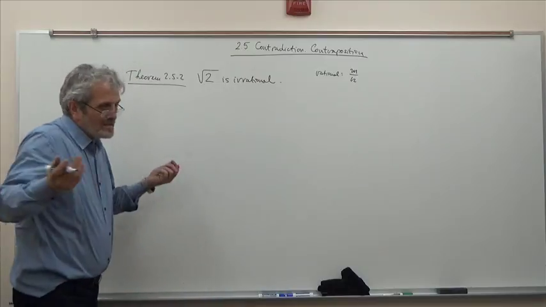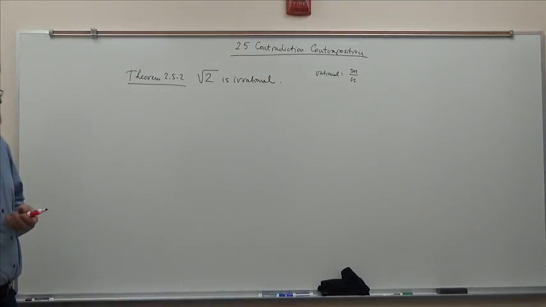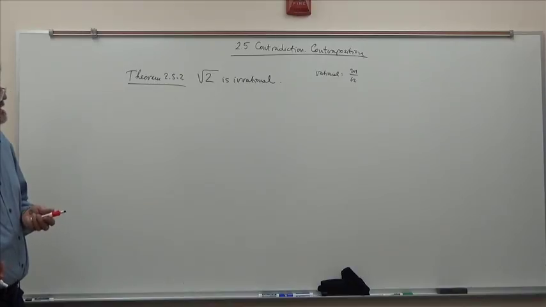So they thought that every math object, every quantity in nature is a fraction. But then they came upon the square root of 2, and they were extremely surprised to find out that it is irrational. And that's one of the most famous proofs in the whole of mathematics.